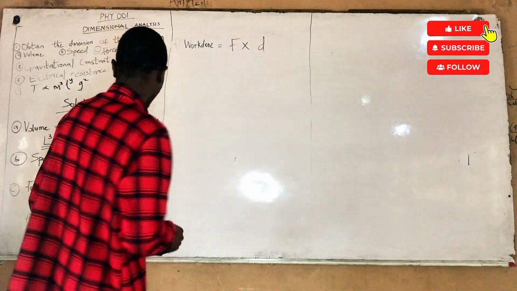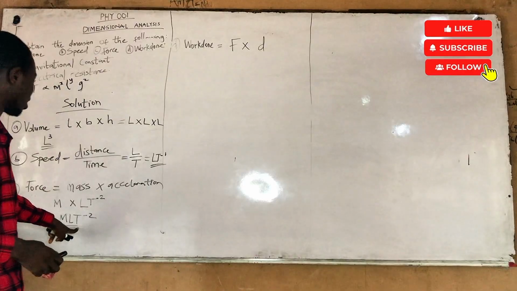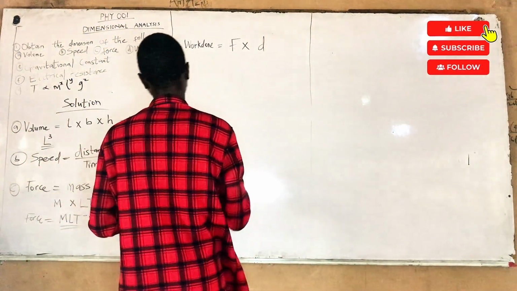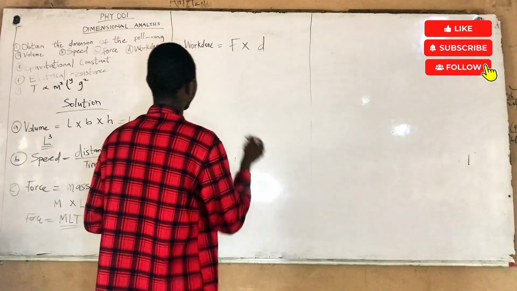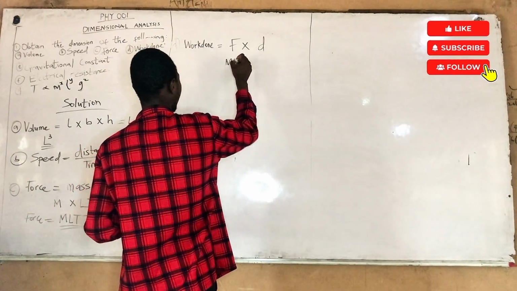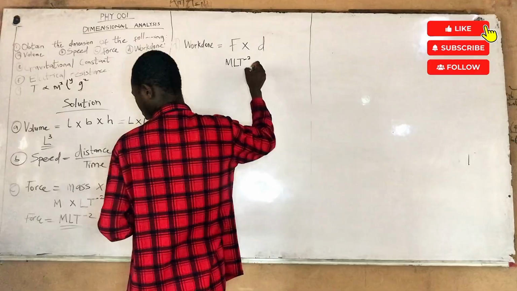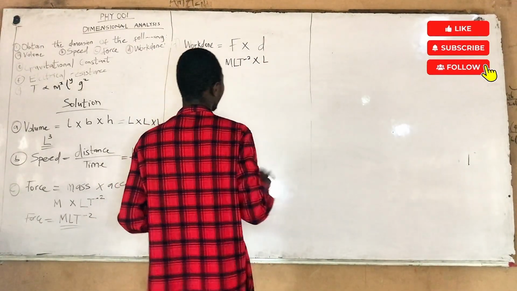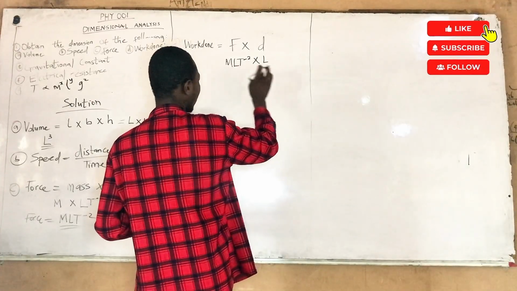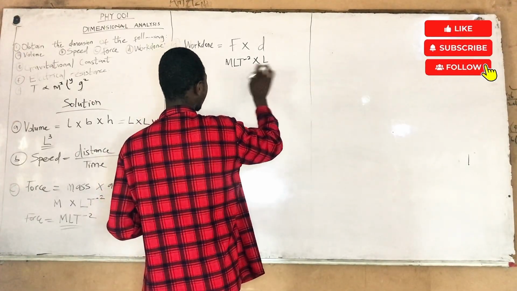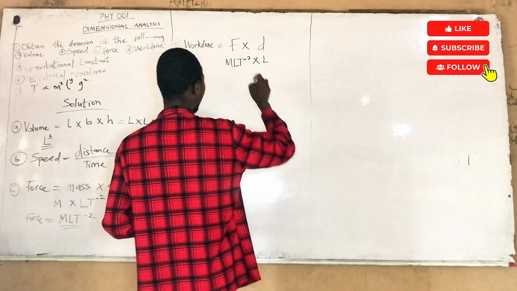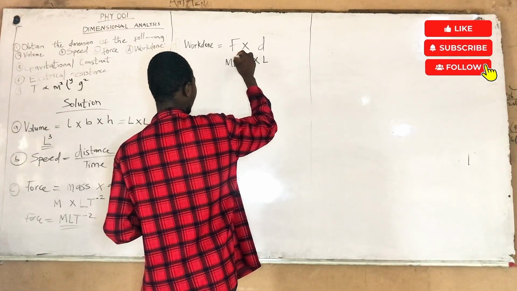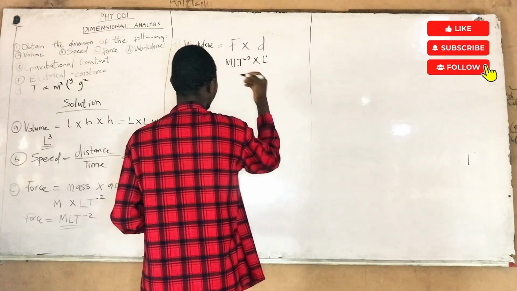So force, we have calculated force here as M L t raised to power minus 2, and D, we all know that D is distance. That means M L t raised to power minus 2 multiplied by L. And like I said before, if you have the same base but different powers, and it is multiplication in between, you add the powers. There's an invisible 1 here, and also here, so you can easily add them together.